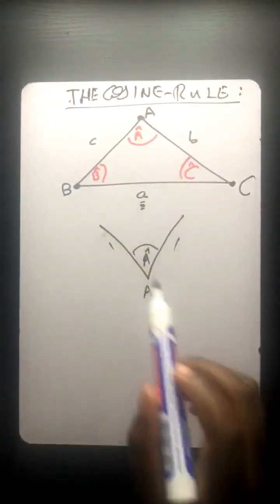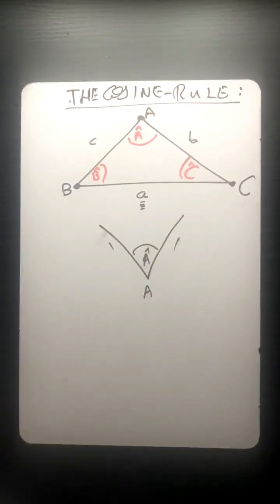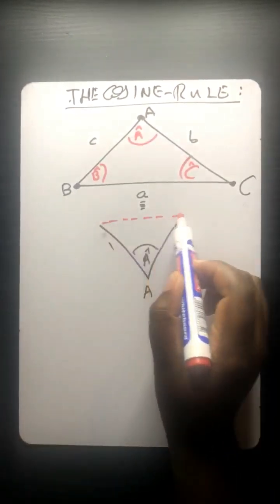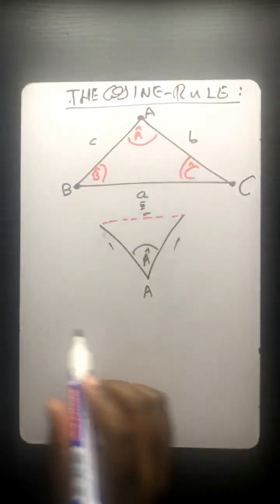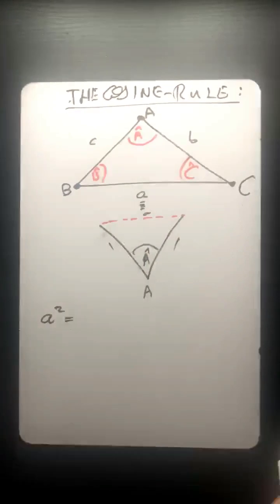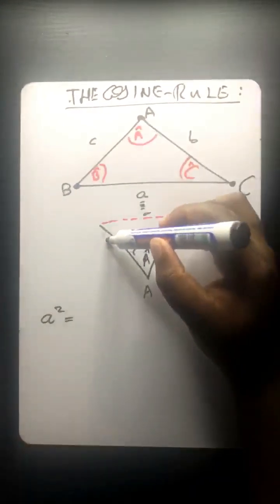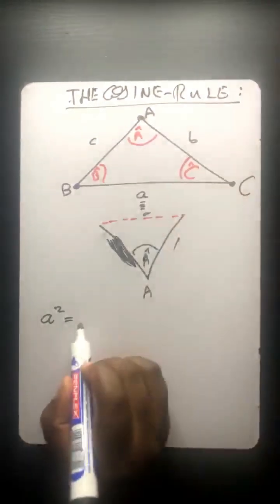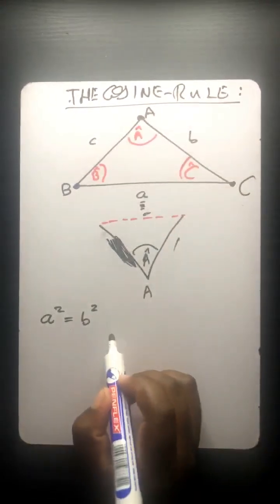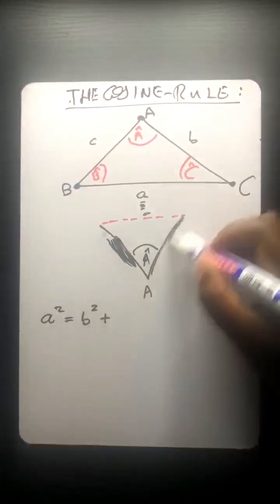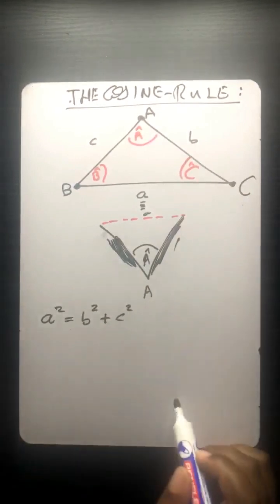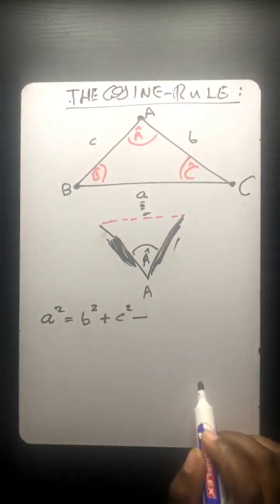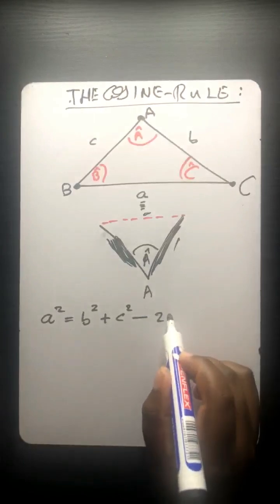What I know is that if the examiner wants you to find side small a, you are going to say that small a squared equals this side squared, let's say b squared, plus this side, let's call it c squared, then you minus two of those sides, being a b c.